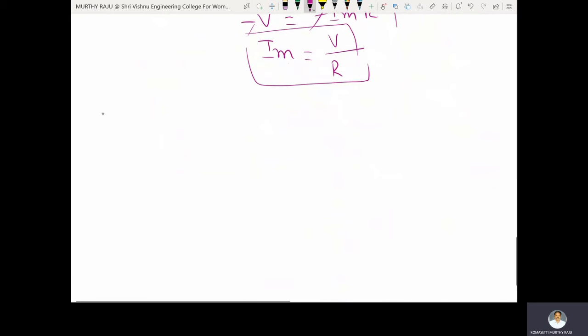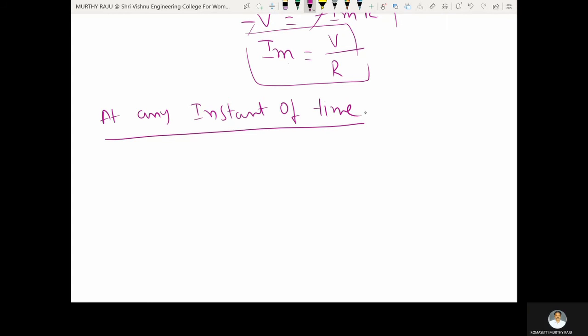Second one is at any instant of time. Because t increases, the capacitor starts charging, so it develops some voltage across the capacitor, represented by VC.